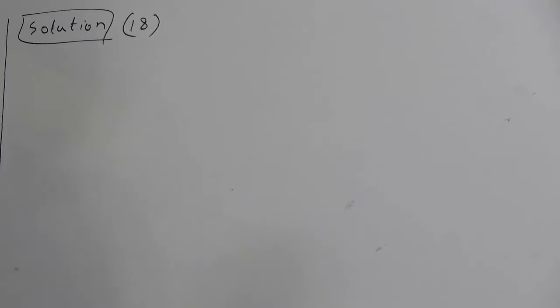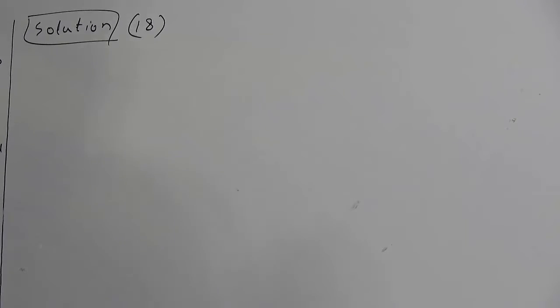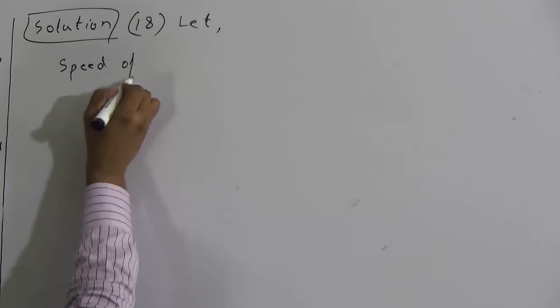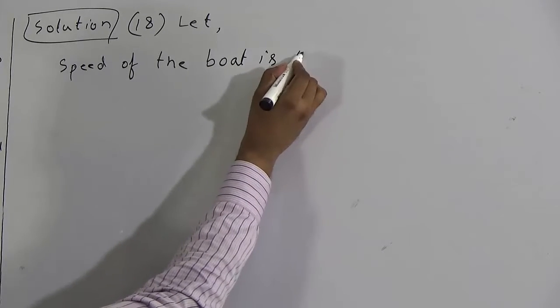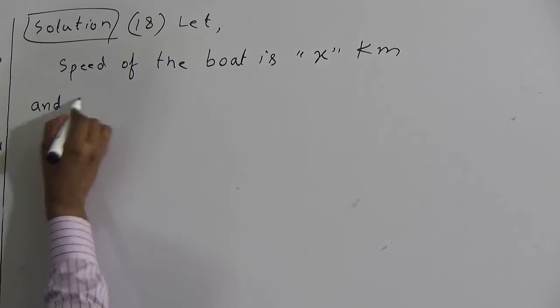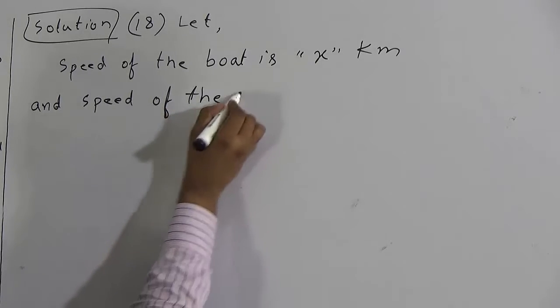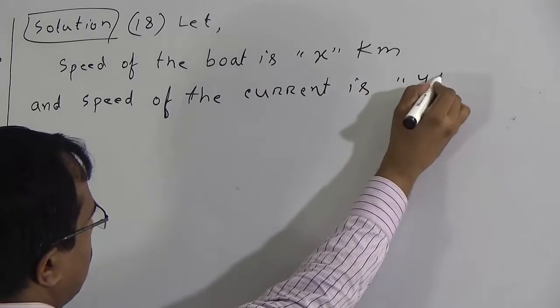At first we will consider speed of the boat is x kilometer and speed of the current is y kilometer. Speed of the boat is x kilometer and speed of the current is y kilometer.